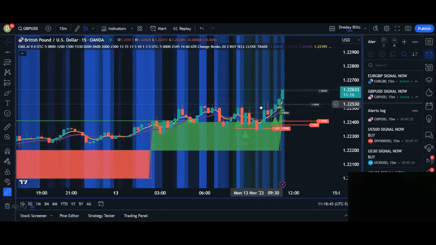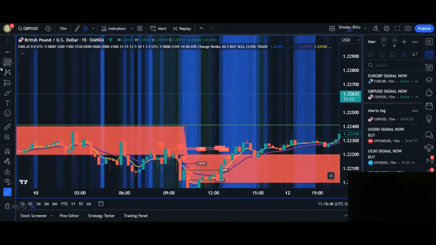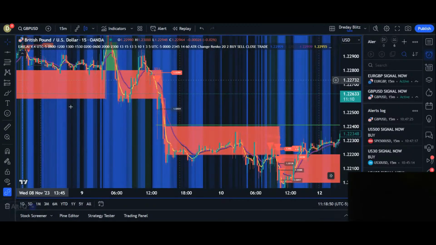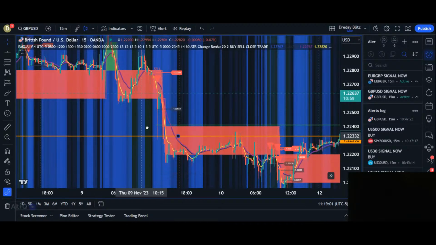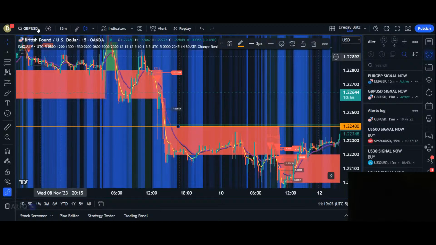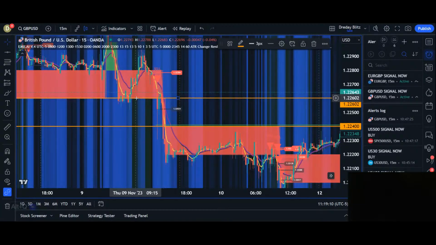Still buying here. So let's look at GU. If we look at the last time that we had that range, same thing, we're going to plot a line here, another at the top here, perfect, and another horizontal line right here, and another one right here.